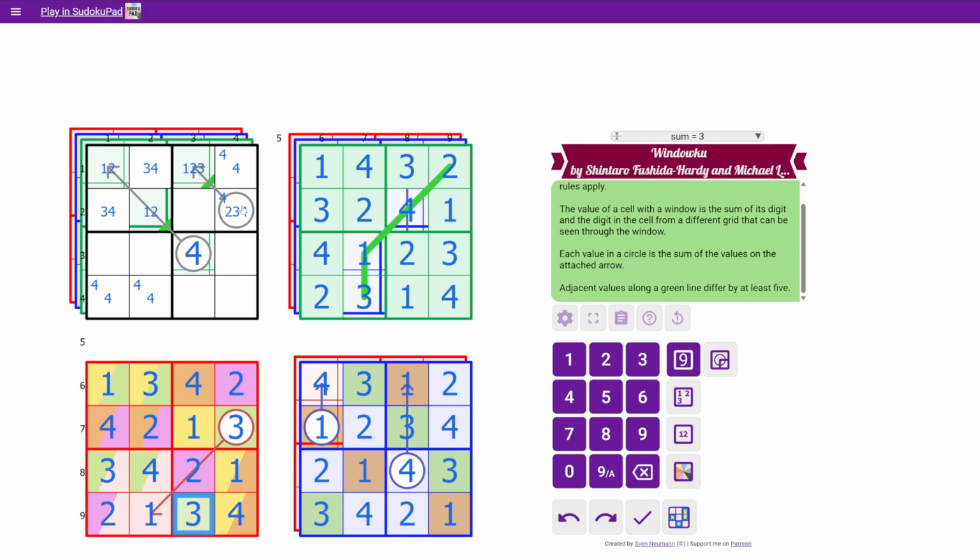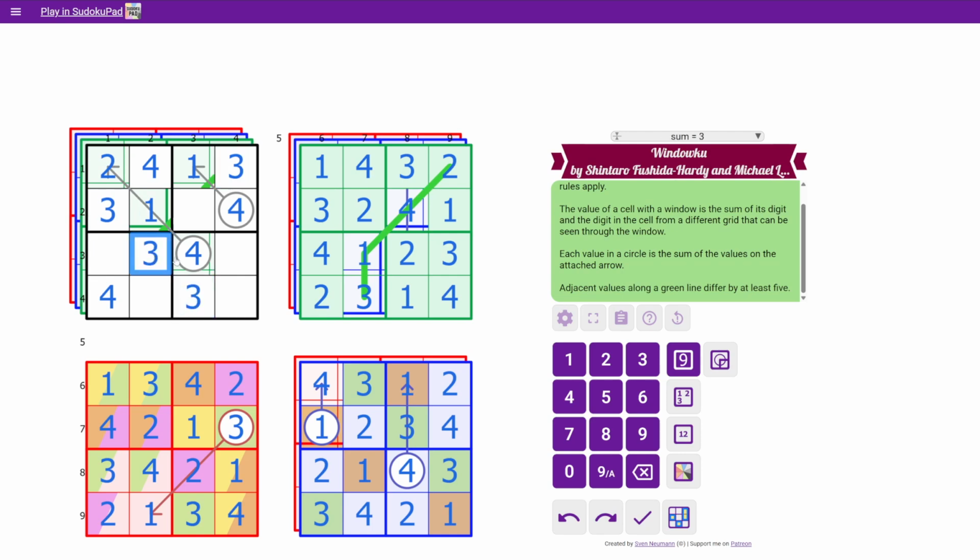And then, what do we have here? We have a 3 already there, plus it has to be a 1 to make a 4. 4 now goes there and there. This will be a 2 with a 1 and a 3 and a 3, and I think that'll do it.